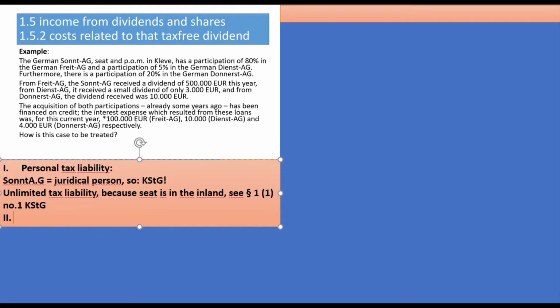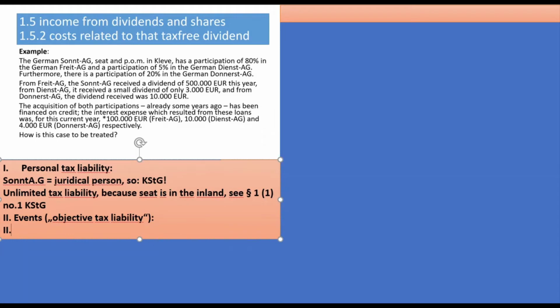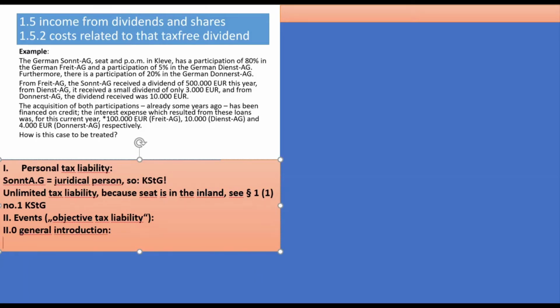Now let's think about the events, so about what more theoretically orientated people would call the objective tax liability. Okay, 2.0, the general introduction. What can we say under all circumstances without much thinking about the case?